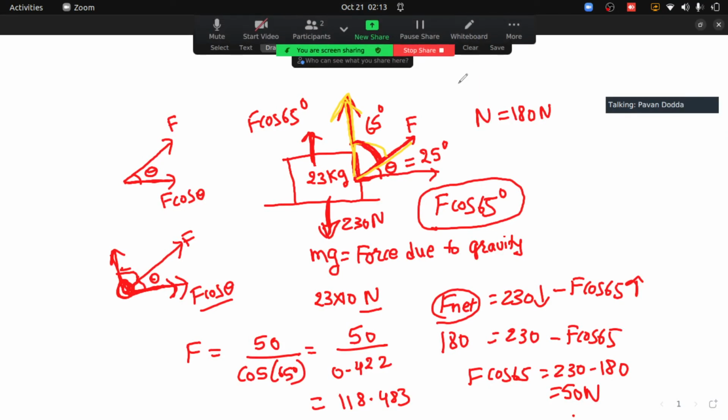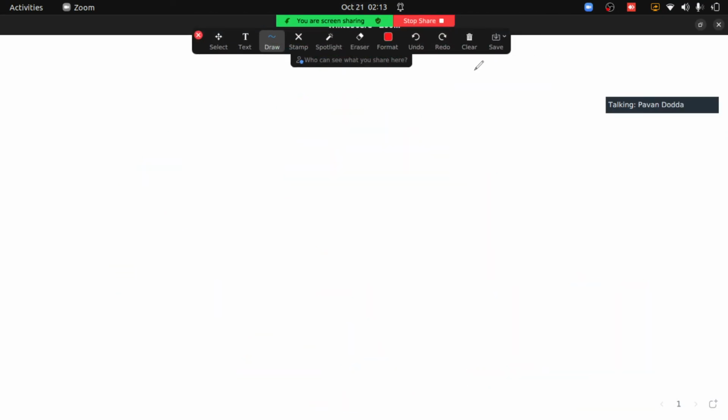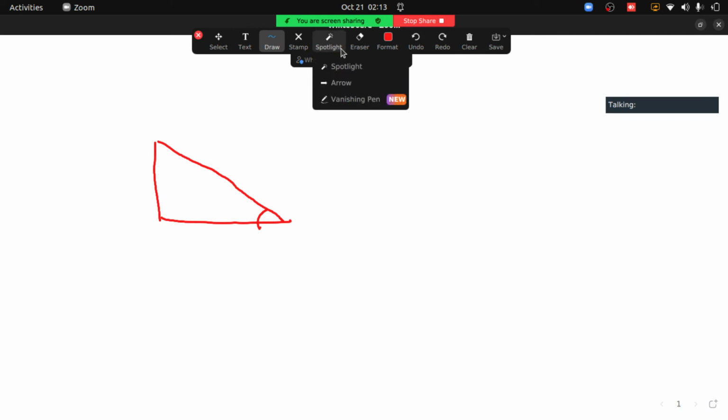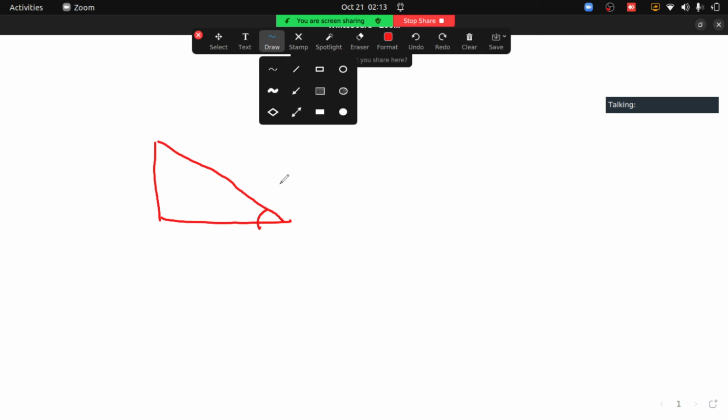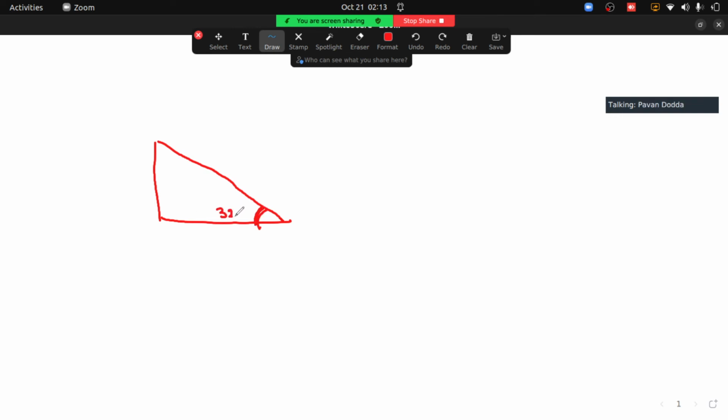So let's clear this. There is an inclined plane, and what is the inclination angle theta given? 32 degrees.